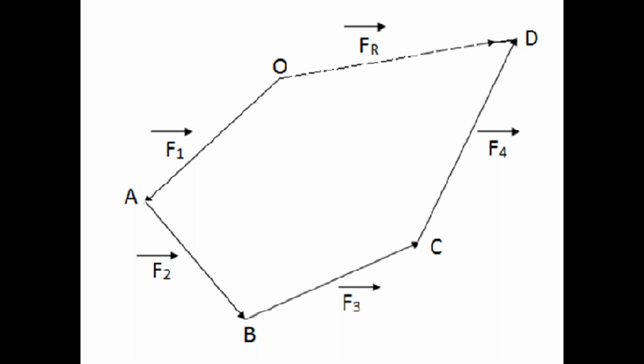Sometimes the ending point of the polygon coincides with the starting point of the polygon. Sometimes in the polygon, the ending point, that is D, coincides with the starting point O. If the ending point and starting point coincide with each other, we call that a closed polygon.